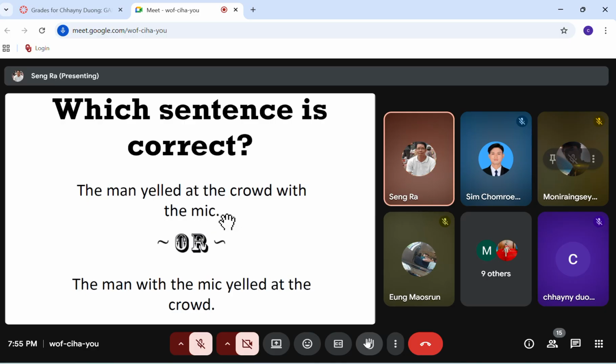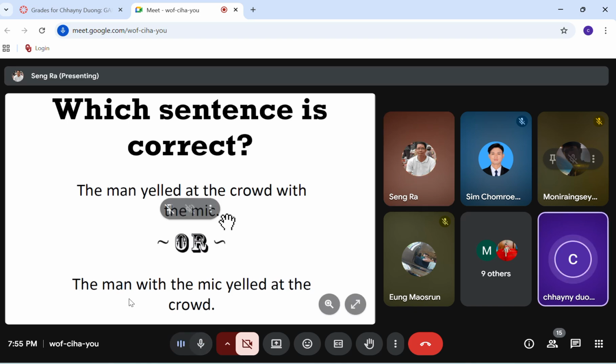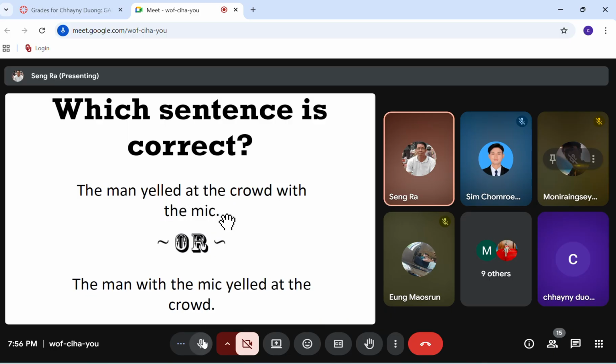Okay, can you explain why the second one is correct while the first one is wrong? Okay, thank you.